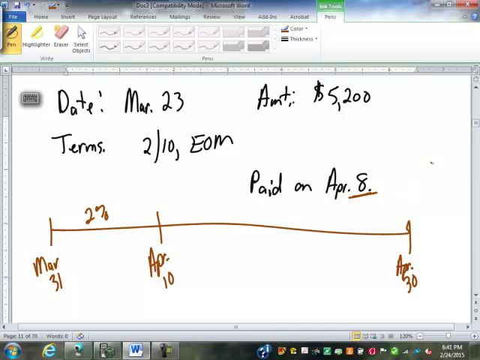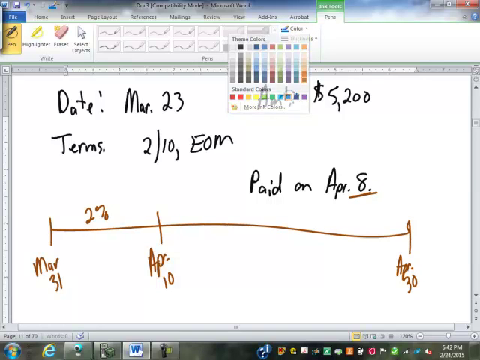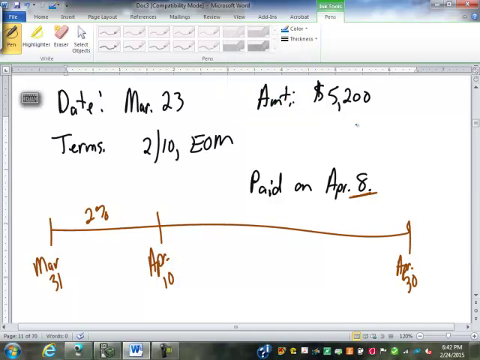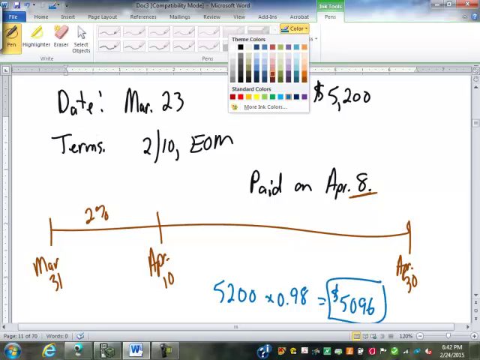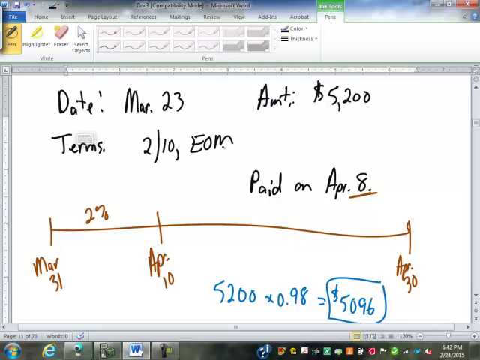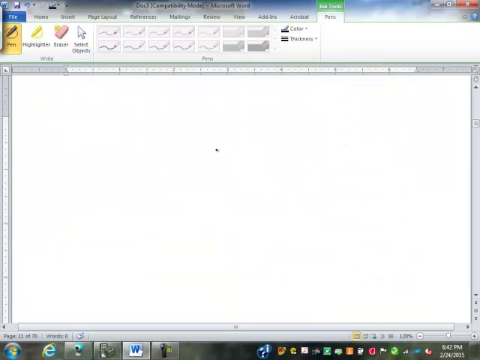So if paid on the 8th, they will get 2% discount. There's going to be $5,200 times 0.98, which is going to be what? 5,096. Correct? Oh, let's have you guys try one.